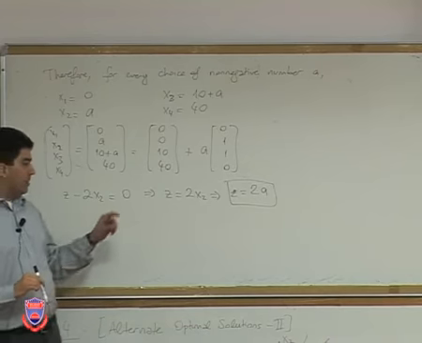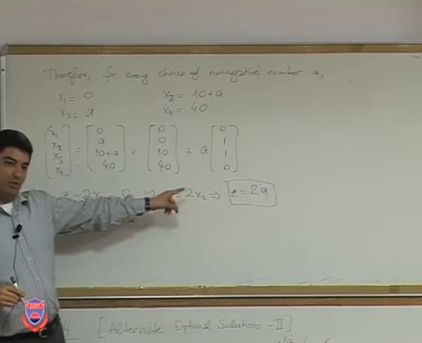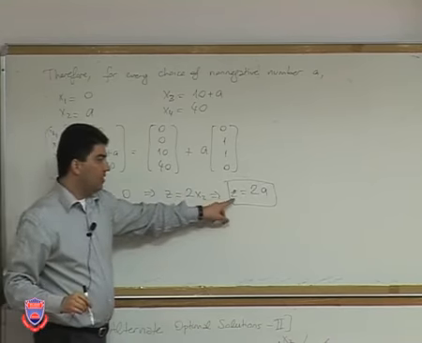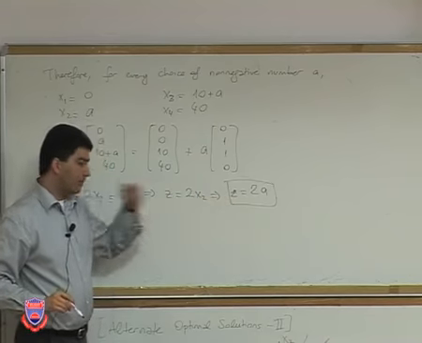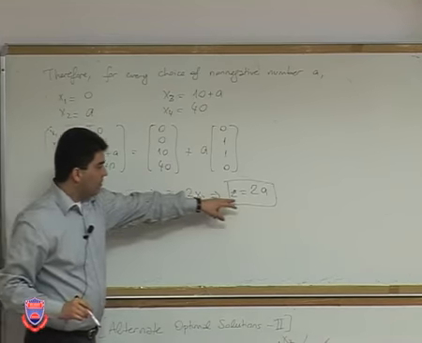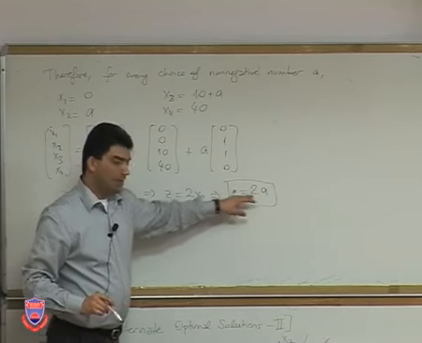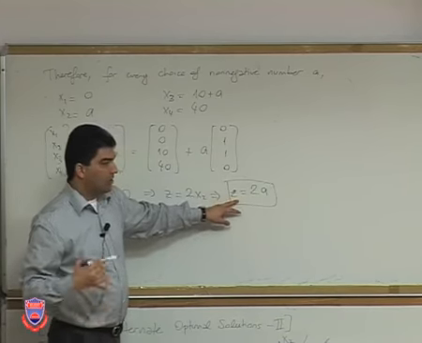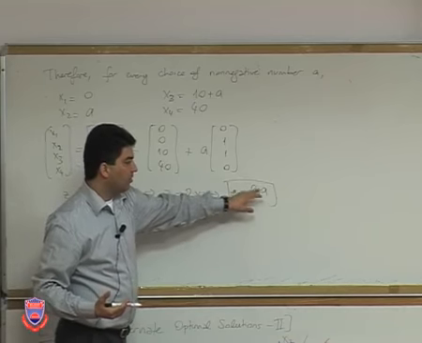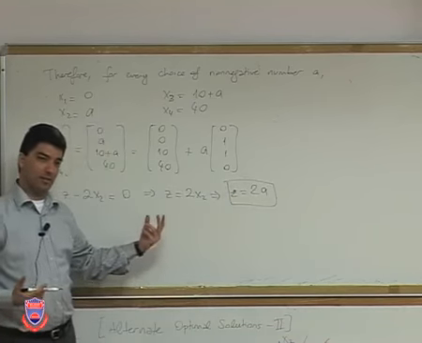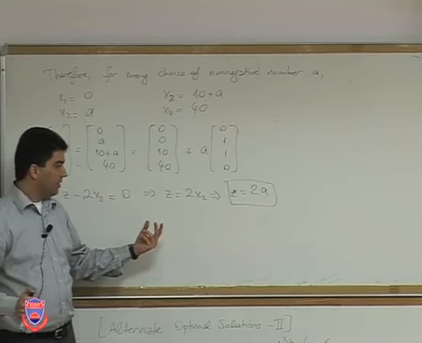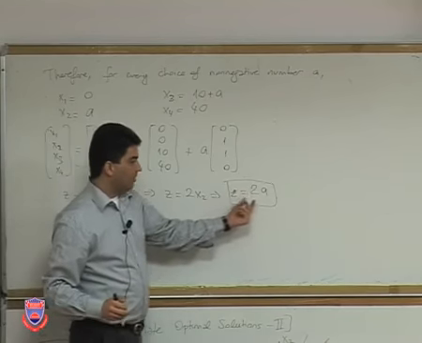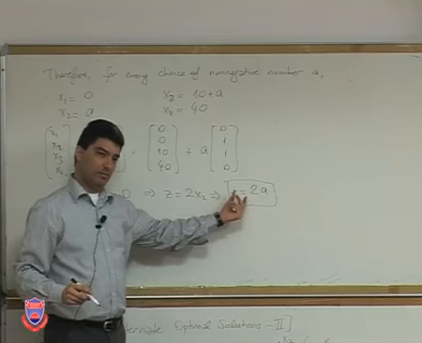Now what does this mean? Well, as I increase the value of a, then the value of z will also increase, basically, right? Okay? And I know that I can increase the value of a as much as I want. Okay? So since my goal is to try to increase z as much as I can, obviously what I'm going to do is try to make a as large as possible, basically, right? Okay? And by making a as large as possible, I'm going to make z as large as possible. Okay?